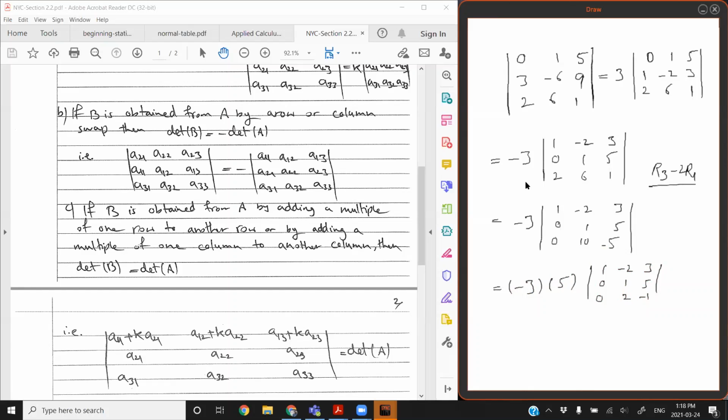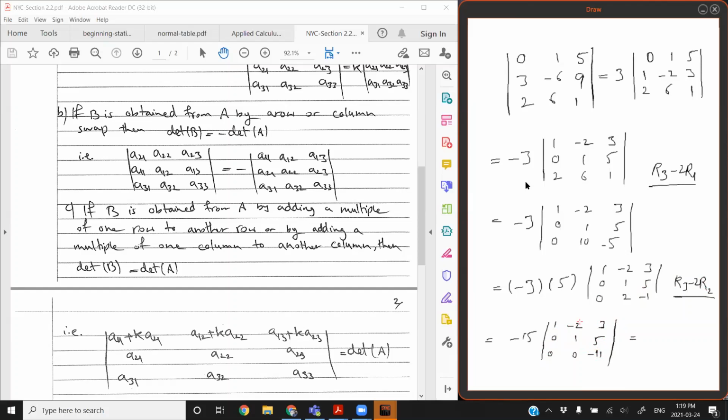So again, notice that this is the same as the Gaussian elimination algorithm. For that, I will have to do this operation, row 3 minus 2 row 2, which does not affect the determinant. So 1, negative 2, 3, 0, 1, 5, 0, 0. And if I'm adding negative 2 times this, which is negative 10, to this, I get negative 11.